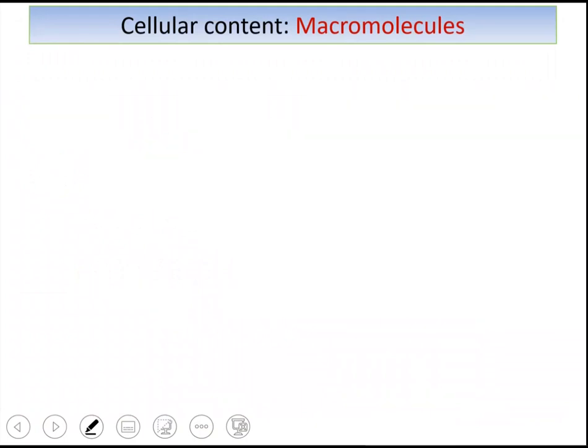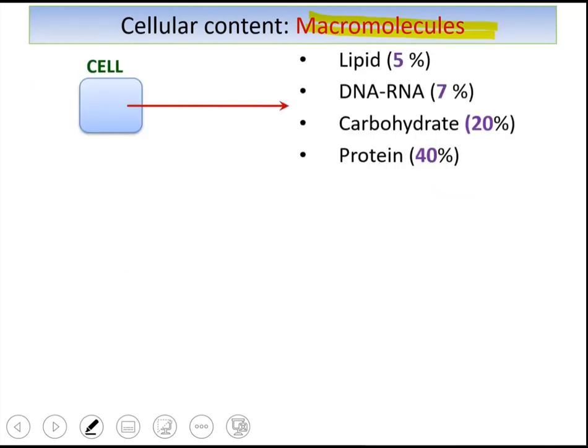So in order to give you more insight, I will talk about macromolecules within the cell first. The cell is composed of 4 different major macromolecules. These are called macromolecules because these are really big molecules.